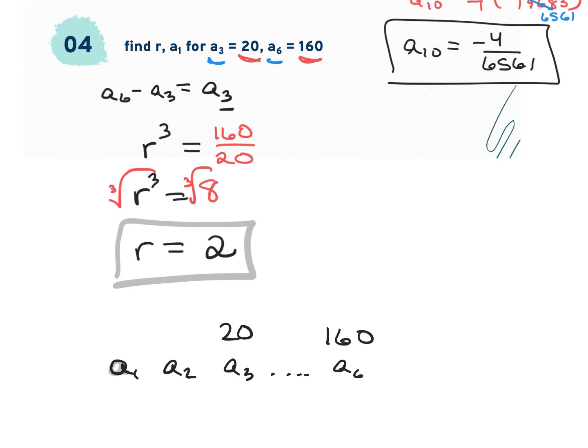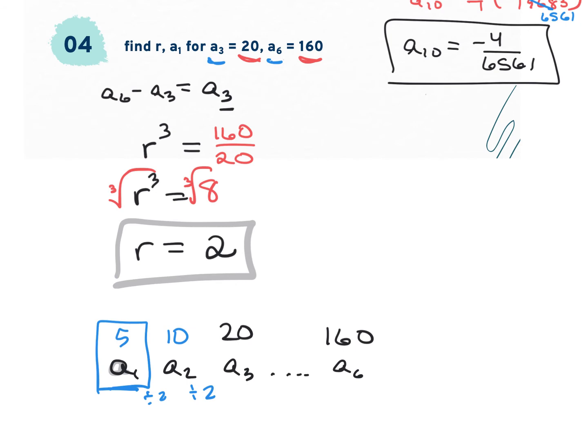But the question asked me to find this one. If I already know the common ratio, normally to get the next number in the sequence I'd be multiplying by 2. If I want to go backwards, I could divide by 2. This would be 10. Divide that by 2, and my first term is going to be 5.